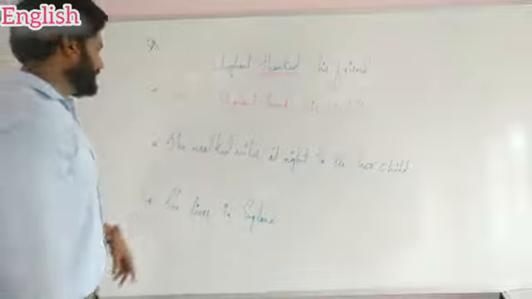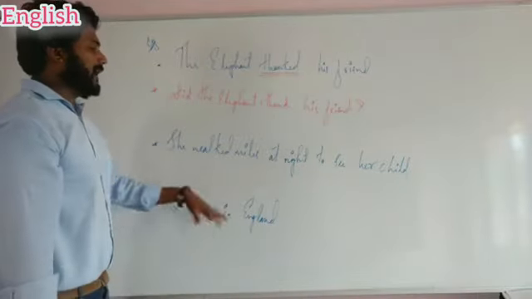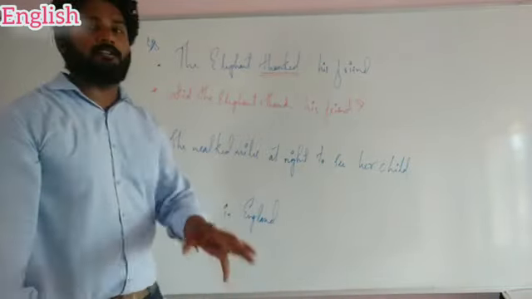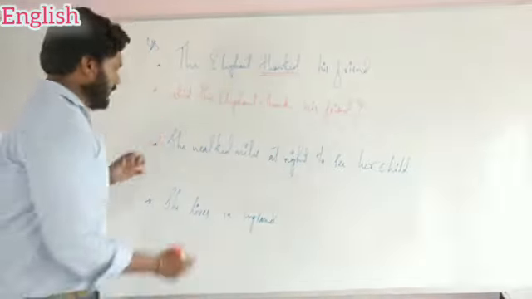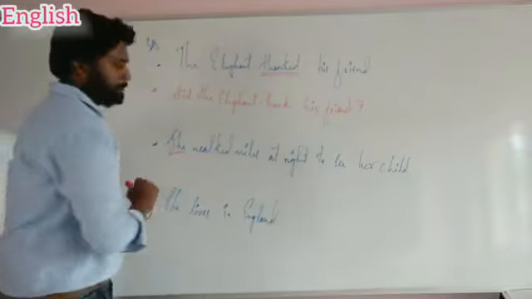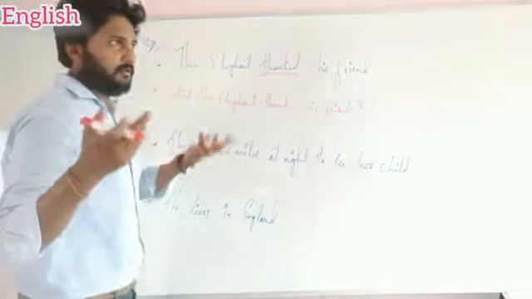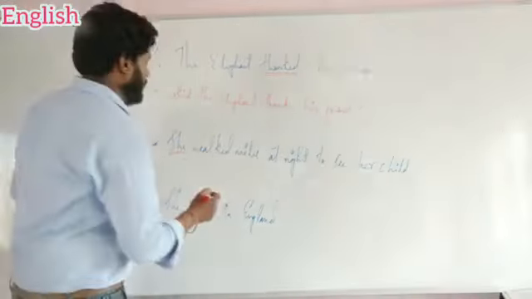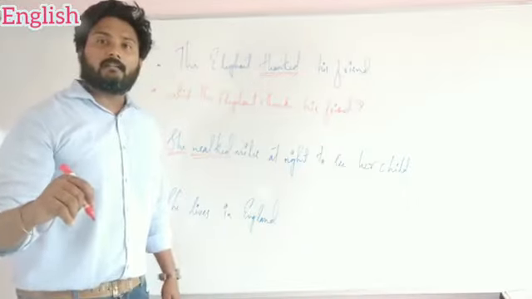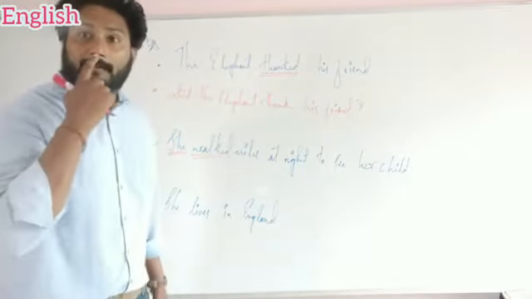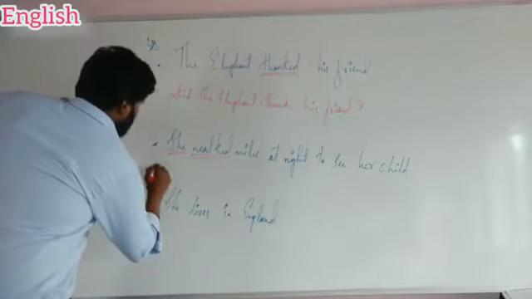Similarly, next example: she walked miles at night to see her child. See, okay, here you can identify easily that there is a she. If you don't recall the chart, you can go through the verb walked. That means simple past. Then the auxiliary you should use is did.